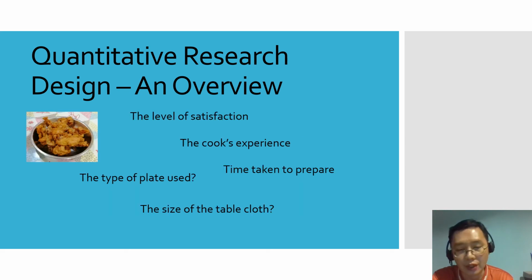Going back to our correlational study, let's say I throw in the type of plates used or the size of the tablecloths used. Is there any relationship of these two variables with the level of satisfaction? Could it be the cook's experience has a relationship with the type of plates used and therefore the level of satisfaction?